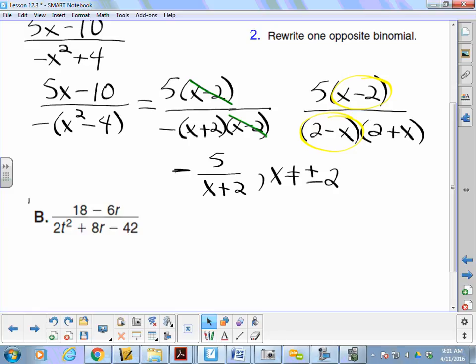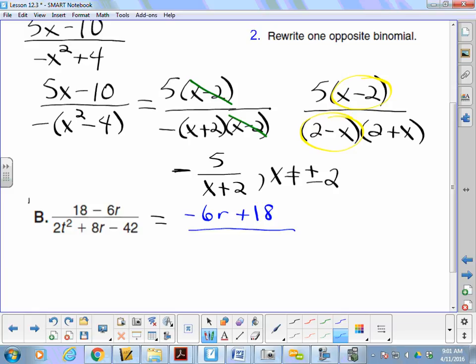So in this case, because it says 18 minus 6r, my first step is, when I write this down on my paper, I'm going to write it the other direction. So I'm going to write negative 6r plus 18 over my denominator.